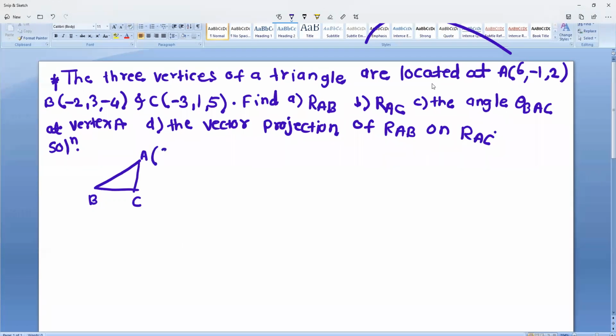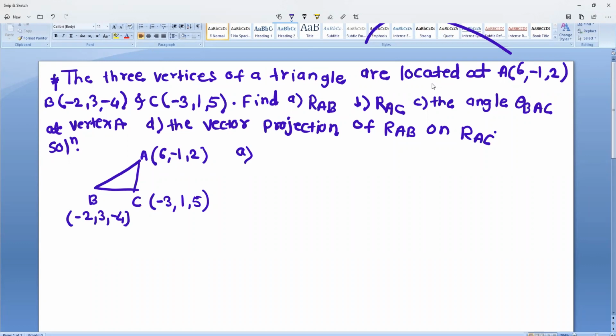A has coordinates 6, -1, 2. B has coordinates -2, 3, -4. And C has coordinates -3, 1 and 5. Now, the first question asked is find RAB.